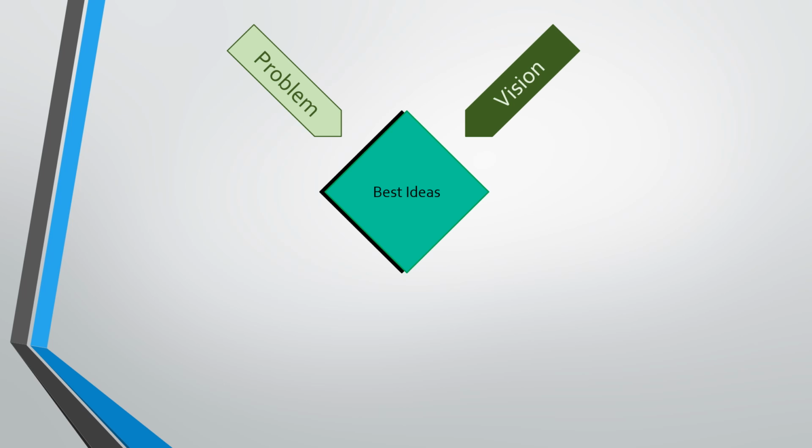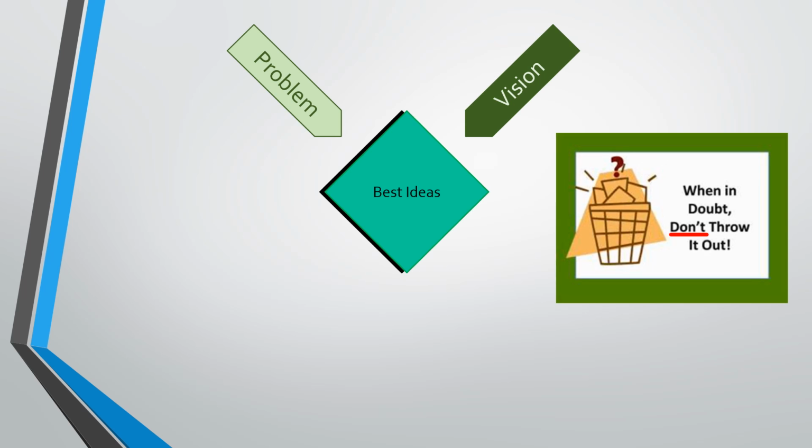Now, one important point for this step is that you should not overthink it, and you especially should not overthink whether or not to eliminate an idea from the list. The number one rule at work here is, when in doubt, don't throw it out. If it's obvious when you review the idea that it has nothing to do with the problem or your vision statement, then you can ditch it.